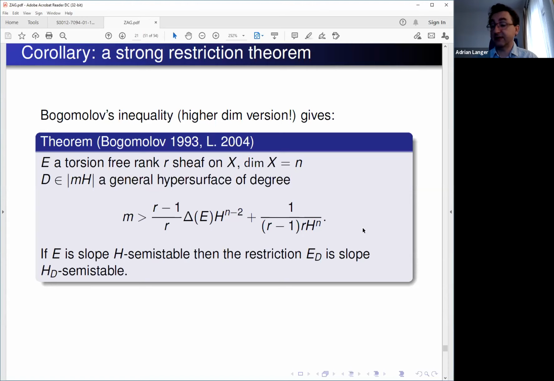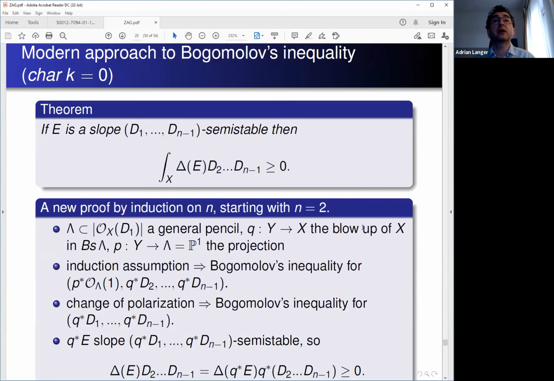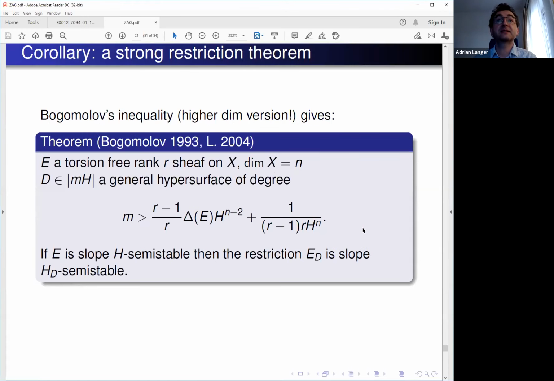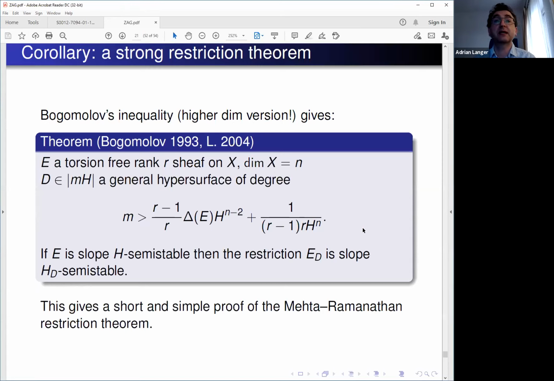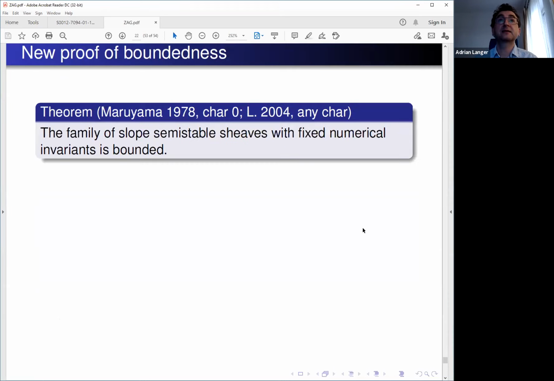And this means that this inequality that we have here plus this result implies immediately a Mehta-Ramanathan restriction theorem without actually going into this result, at least in characteristic 0 at the moment. But in positive characteristic, it's also not so bad. So here there is a result that goes back to Maruyama in characteristic 0 and also in the low rank cases.